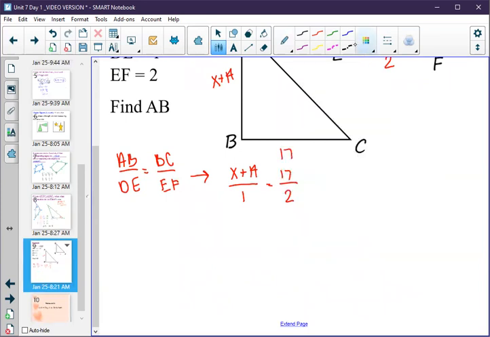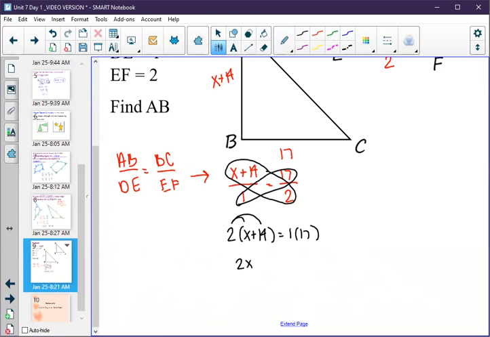Now I'm going to go ahead and solve this just the same way we did at the beginning of this video by cross multiplying. 2 times x plus 14 is equal to 1 times 17. So I need to distribute that to 2x plus 28 is equal to 17. And then I did something wrong.